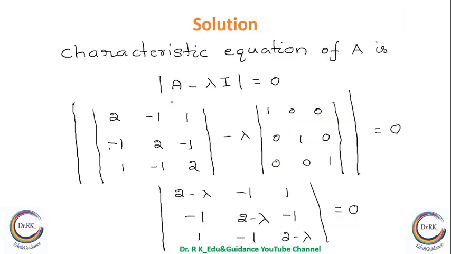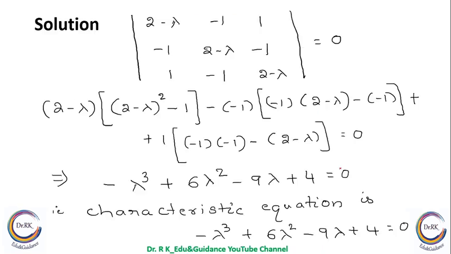First we have to find its characteristic equation, that is determinant of A minus lambda I equal to 0. This is the characteristic equation. If we expand, we'll get the characteristic equation. I am not explaining this, it may be boring again. So if we expand this, we'll get this expression. What is this called?